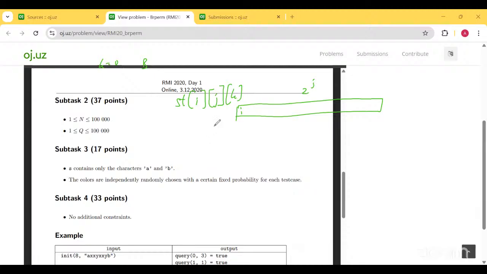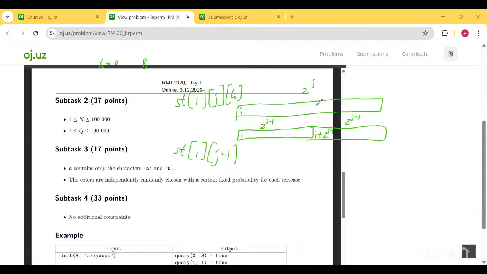Then how to solve this? We can just use this sparse table of i, j minus 1, like this, j minus 1, and then i plus 2 to the j minus 1, j minus 1.